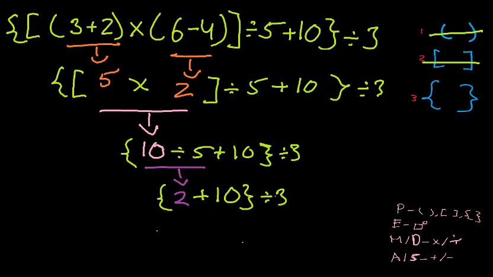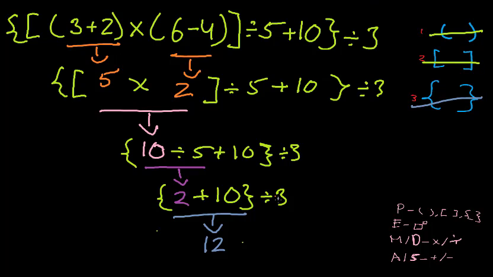And now, since we're not done with everything in the flower brackets, we still have to add the 10. I did not remove the flower brackets, so they are still there. So now, all we have left to do in the flower brackets is the 2 plus 10. And 2 plus 10 would be 12. And now I can remove the flower brackets because we are done doing everything in the flower brackets.